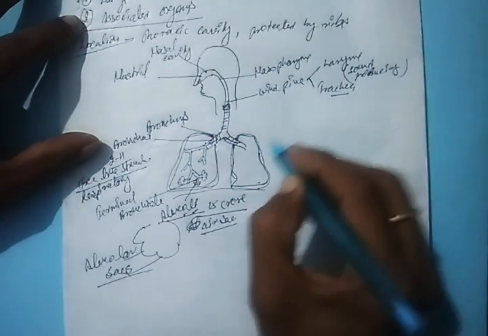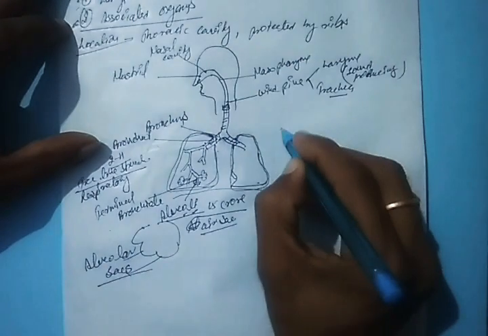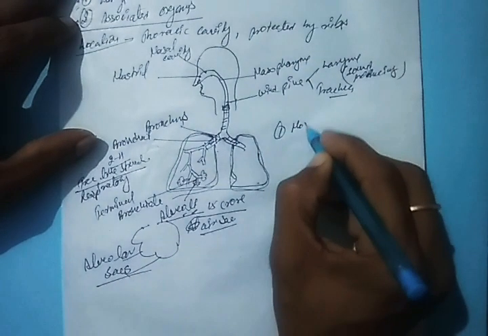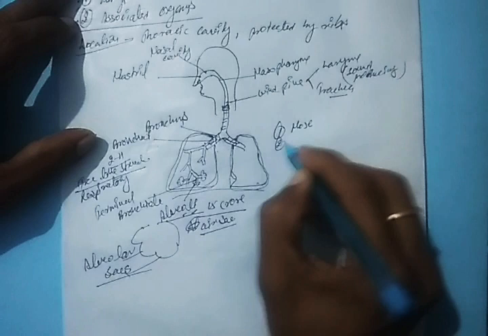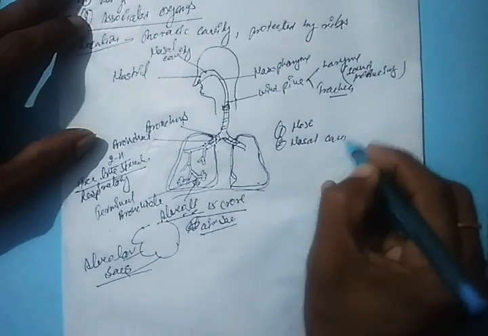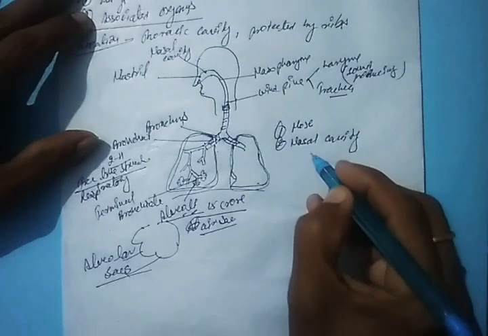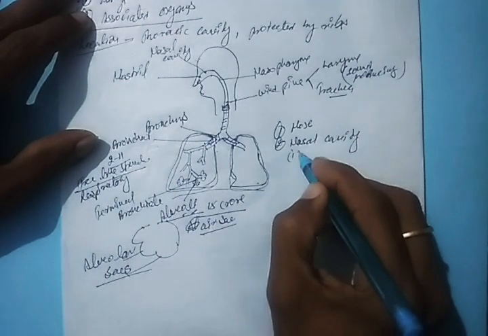Number one, from the start, with the associated organs. The first is the nose. Number two, the nasal cavity. The nasal cavity divides into three parts.